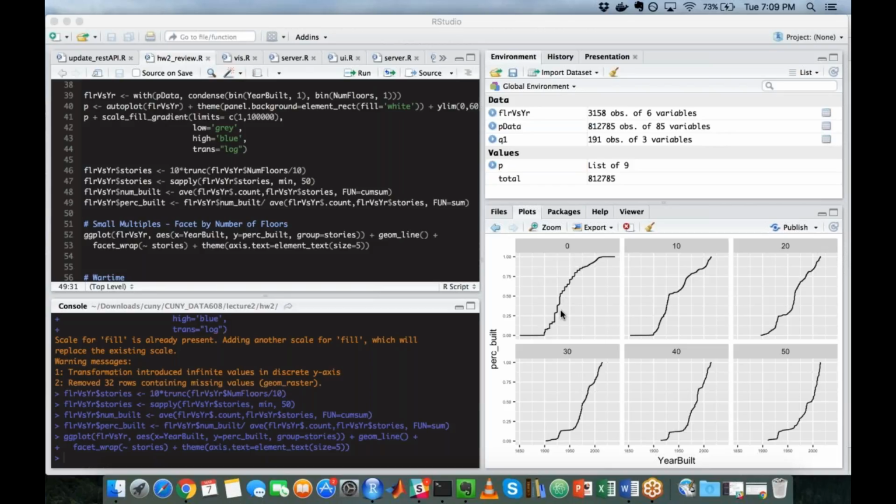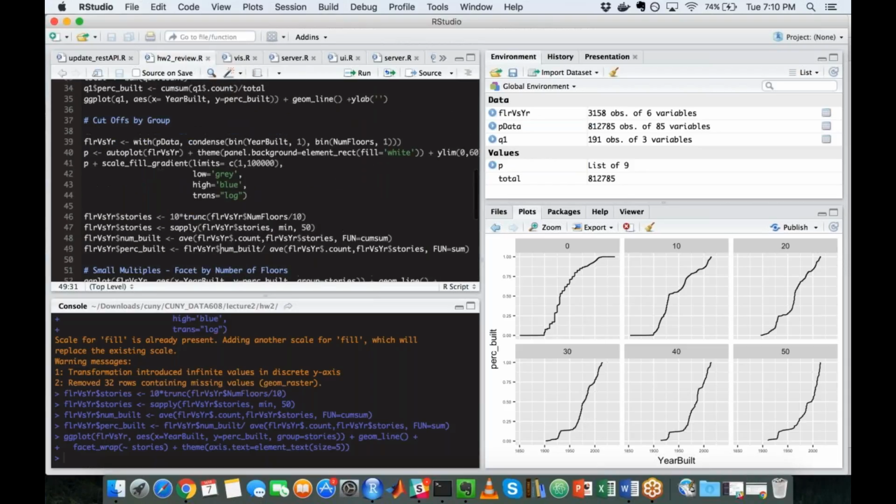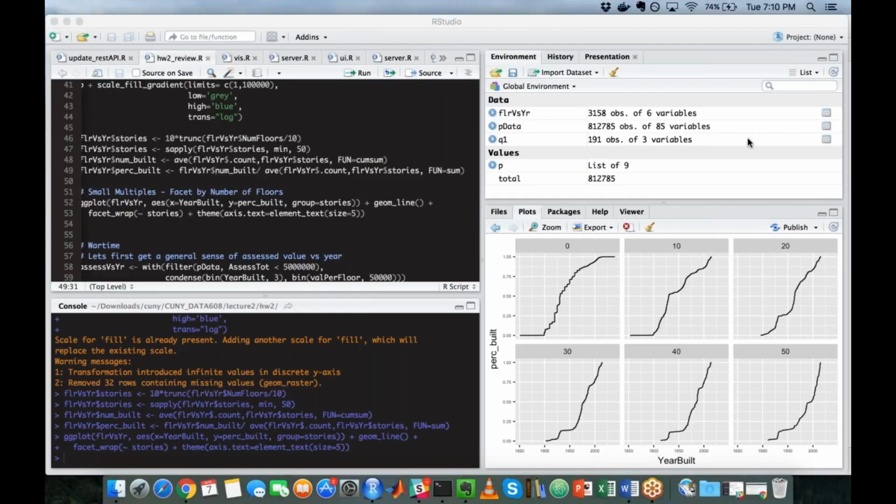You could see these buildings are built mostly earlier, then these are later than 10-story buildings, these are later than 20-story buildings, etc. There were a lot of interesting visualizations that brought home that point. But really, taking a strategy like this is the best way to look at that question.